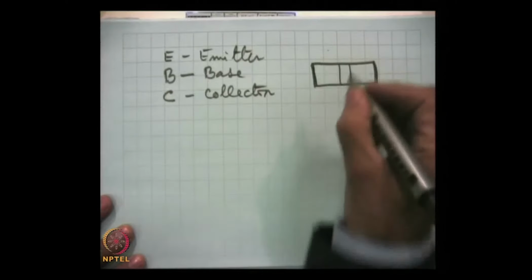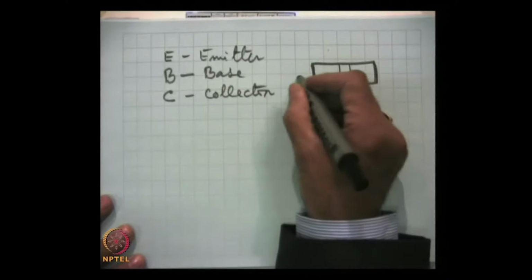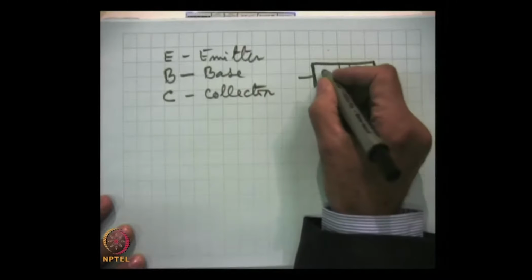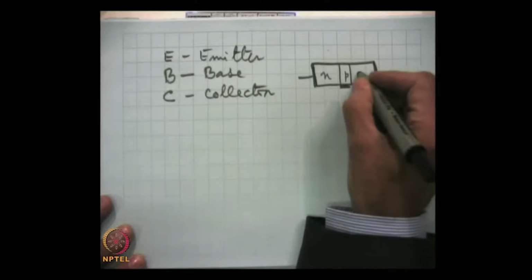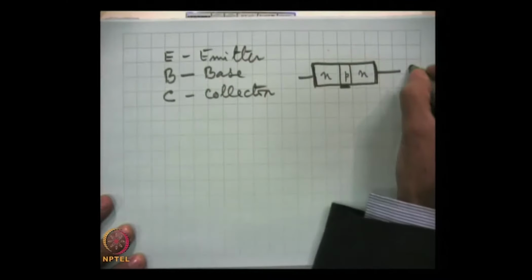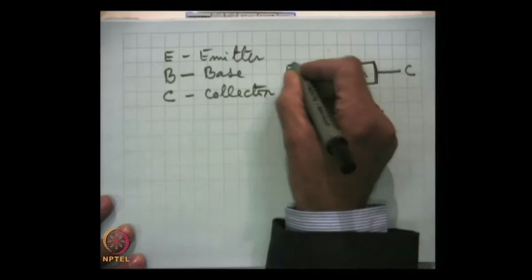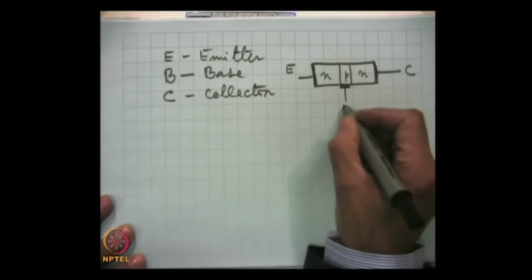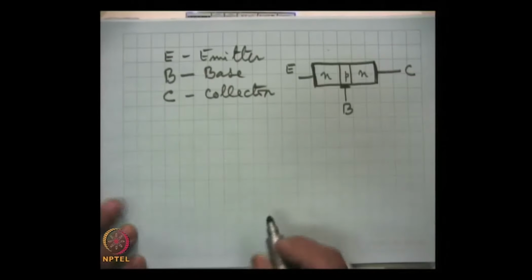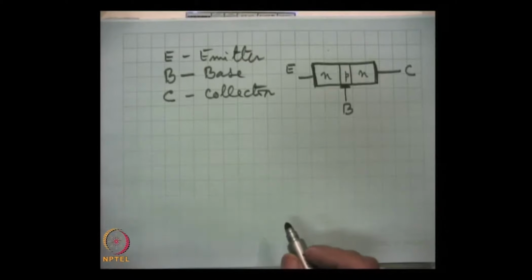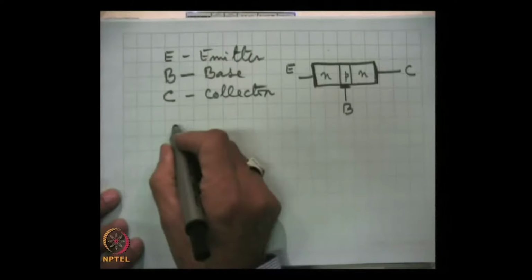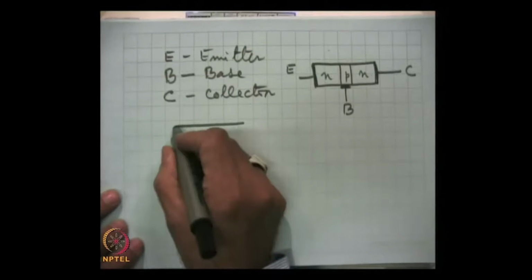These are ohmic contacts, this is N, P, N, this is collector, this is emitter, and this is base. And in a PNP transistor, the structure will be like this.